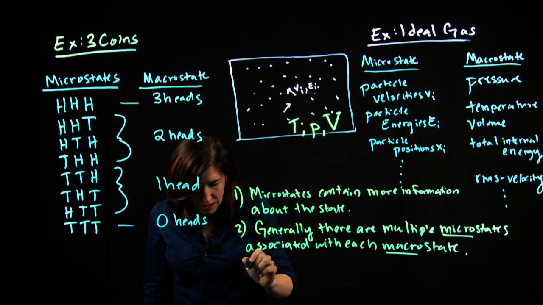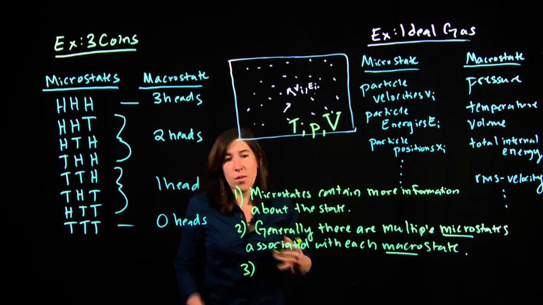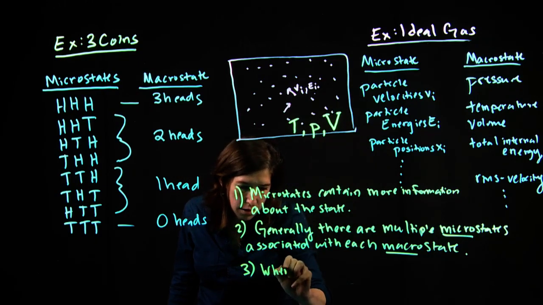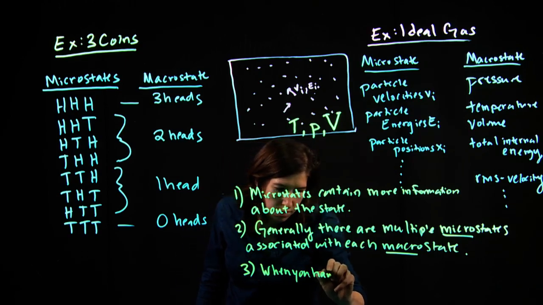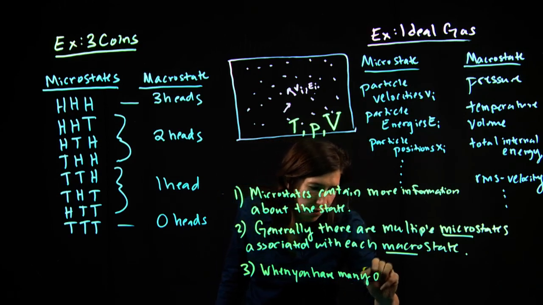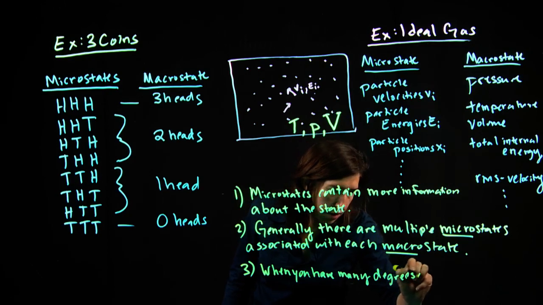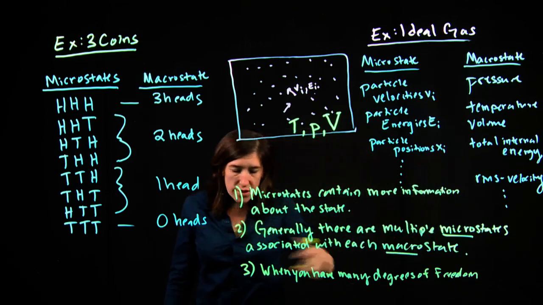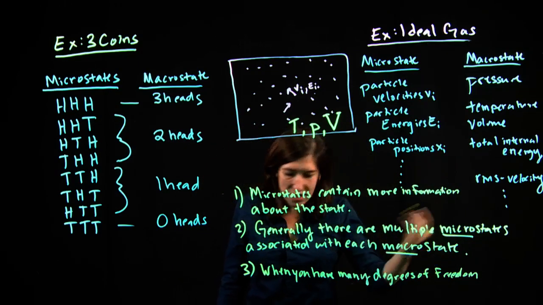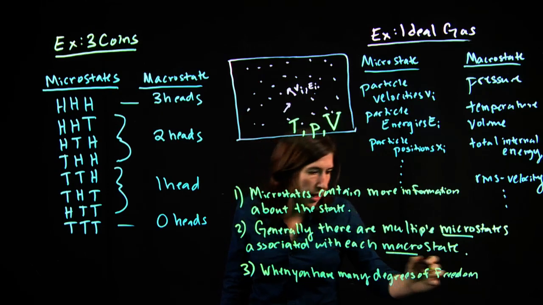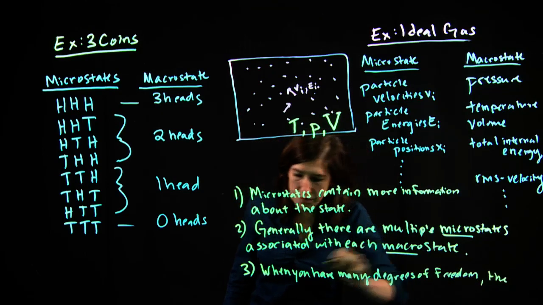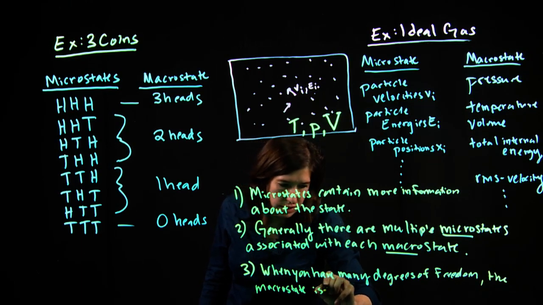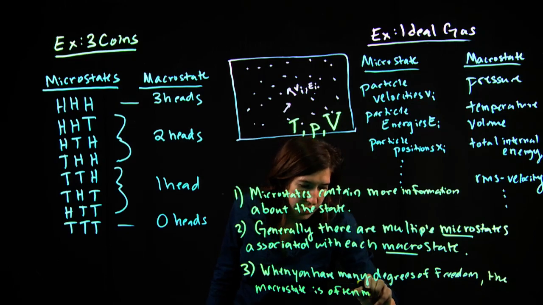And the third thing, and why we really make this distinction, is that when you have many degrees of freedom, so many particles, many things that you could write down for your microstate, the macrostate is often more useful.